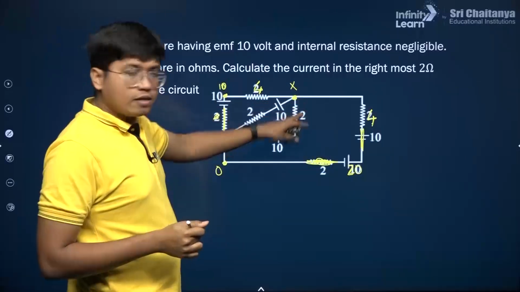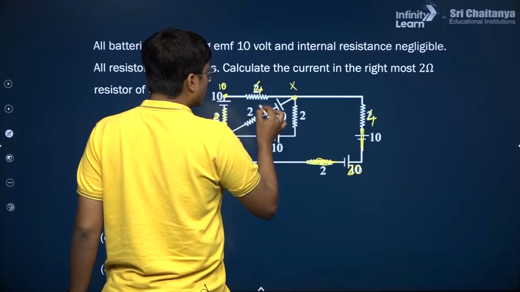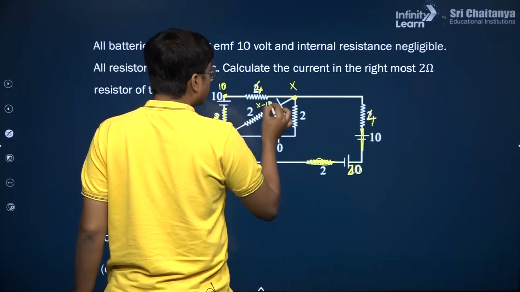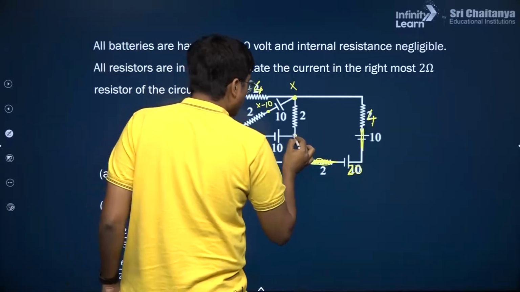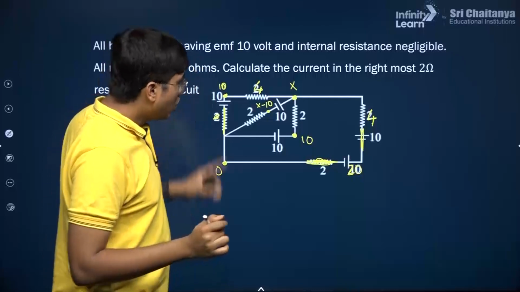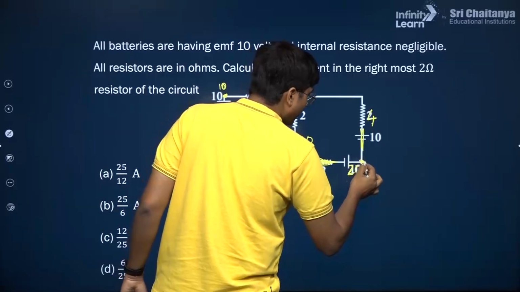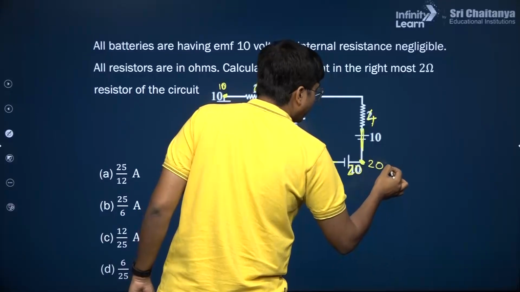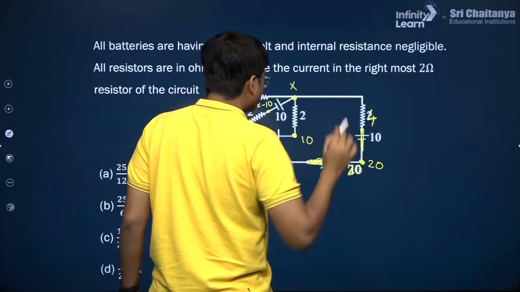If this is x, this point is going to be x minus 10, and again this point is also going to be 10 over here. Also, another point where we can mark, if this is 0, this point is at 20 volts and this point is x as is.